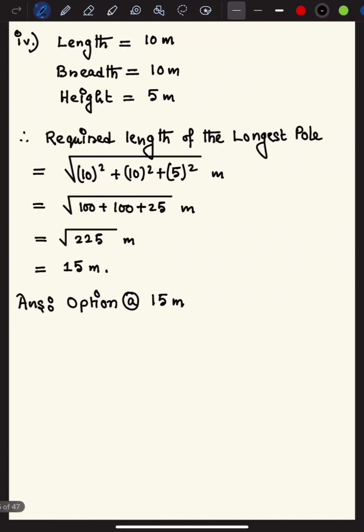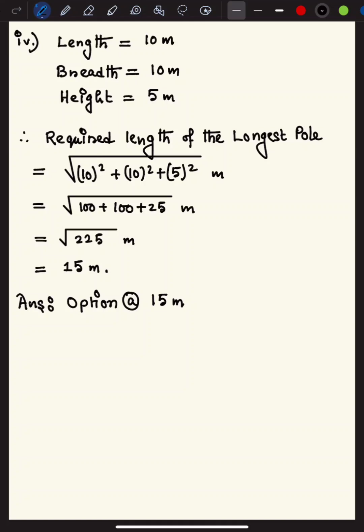Okay, next. The length of the longest pole that can be put in a room of dimensions 10 meter by 10 meter by 5 meter is. So let the length be 10 meter, breadth be 10 meter, and the height be 5 meter. Therefore the length of the longest pole will be the length of the diagonal of the room.